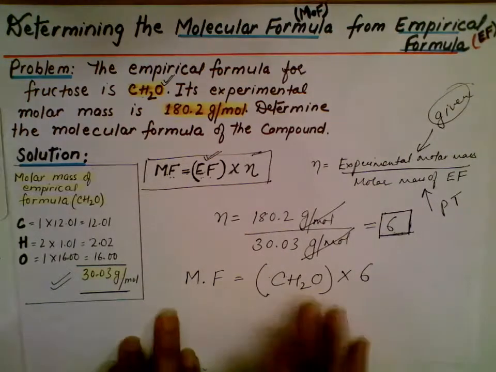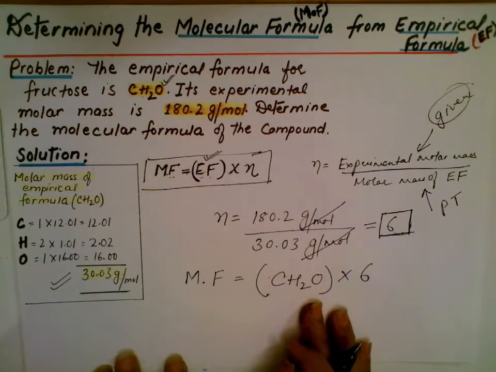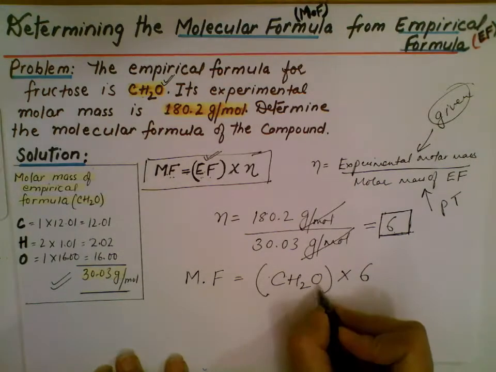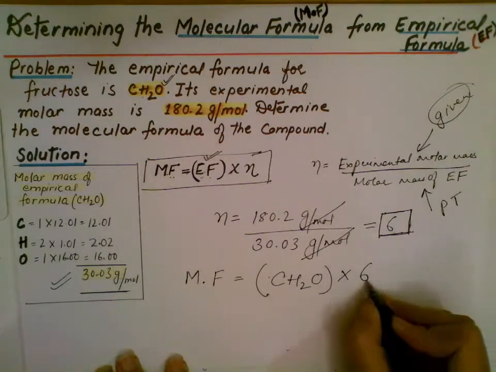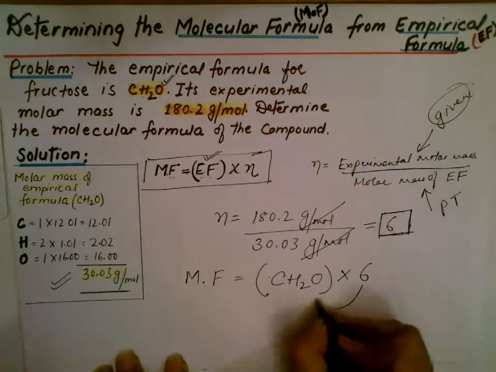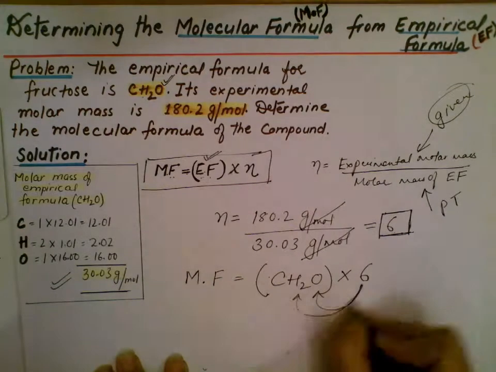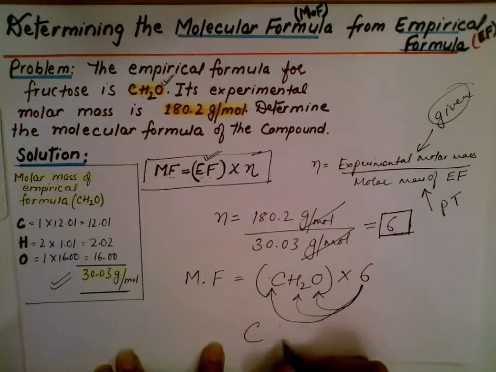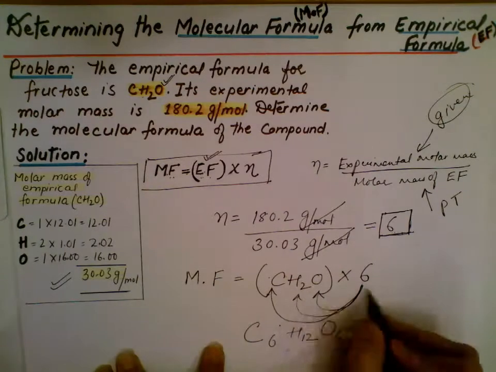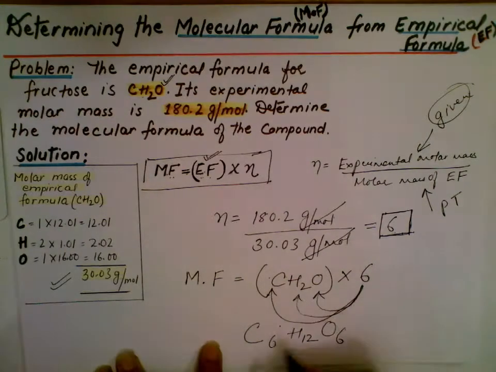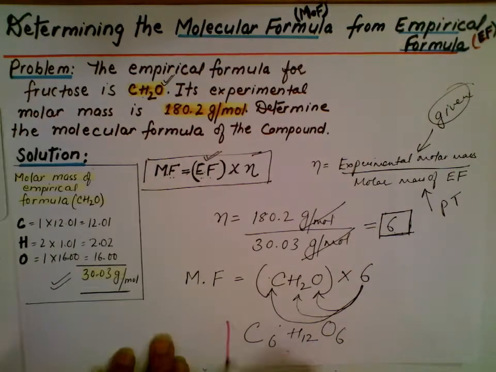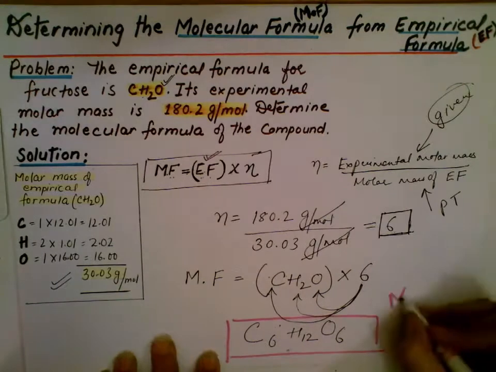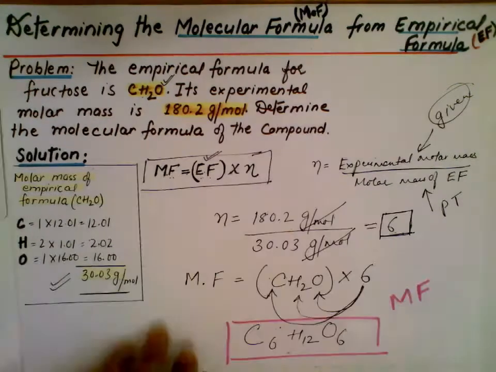Next, you multiply the subscripts of each element in the empirical formula by this factor n, and as a result you get C6H12O6, because 6 times 1 is 6, 6 times 2 is 12, and 6 times 1 is 6. This is how you figure out the molecular formula. This is the molecular formula for fructose.